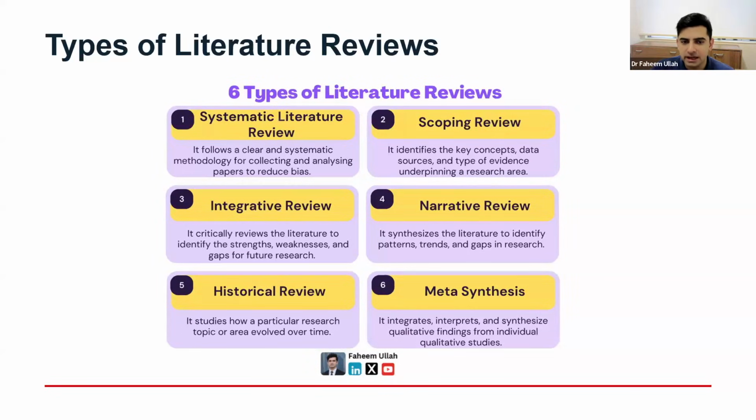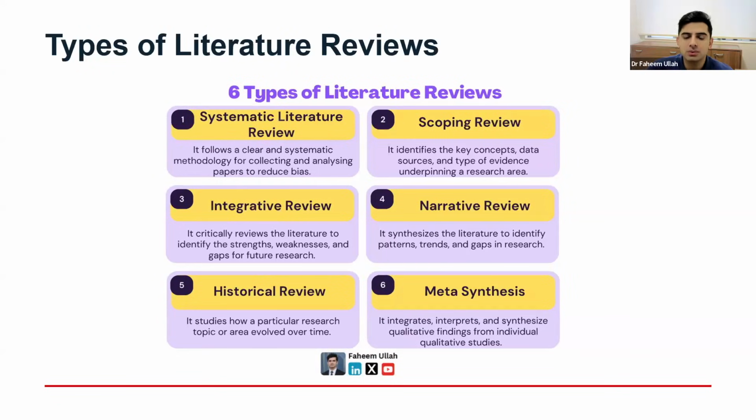That is a strength. And the weakness could be that they have only evaluated their AI models with one data set, so the findings that they have are not generalizable. So that's a weakness of the study. So in an integrative review, what we do is identify the strength and weakness of each paper that we have identified. Then the fourth one is what is called narrative review.